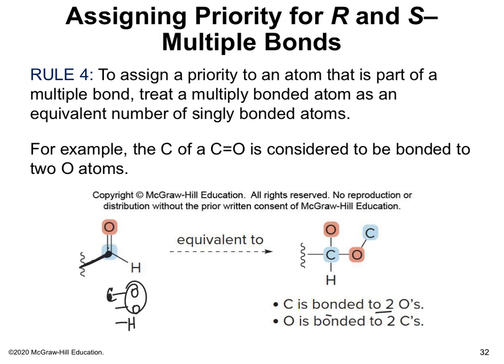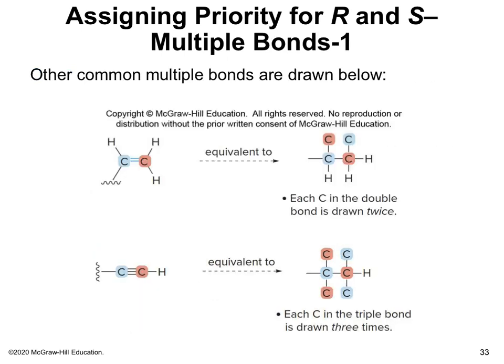But then what's the oxygen bonded to? Oxygen is bonded to 2 carbons. So they're showing you that. So here, if you have this, this carbon is bonded to a hydrogen, a carbon, a carbon. This carbon is bonded to a carbon, a carbon, a carbon. And so 3 carbons is going to win. So a lot of times the double bond, triple bond, you just branch them out.